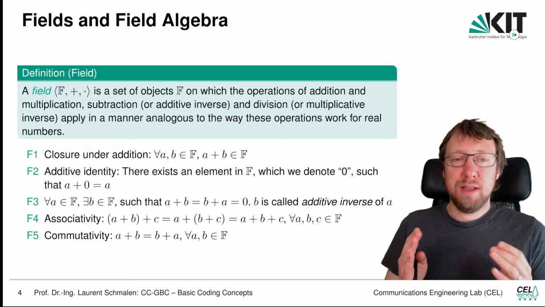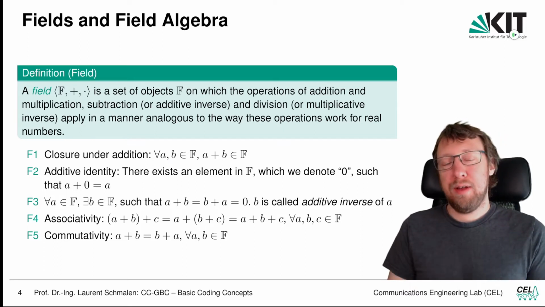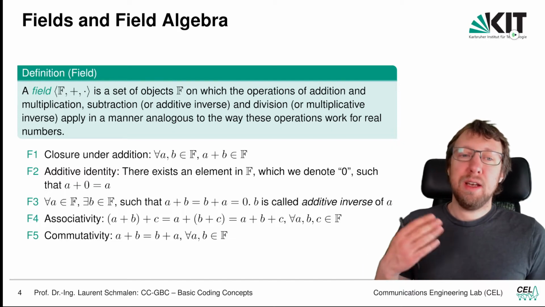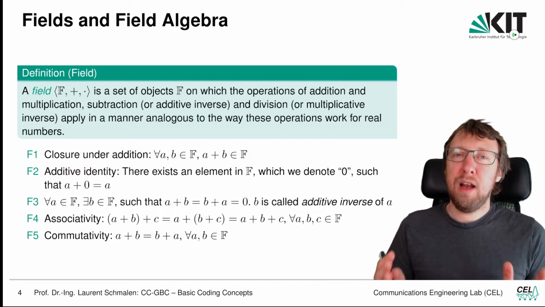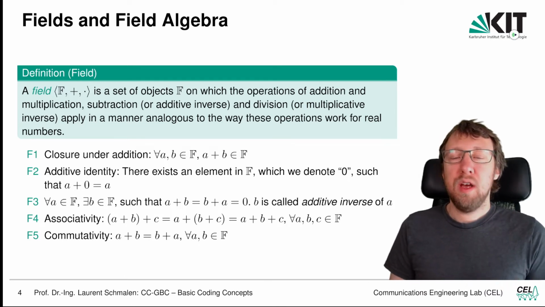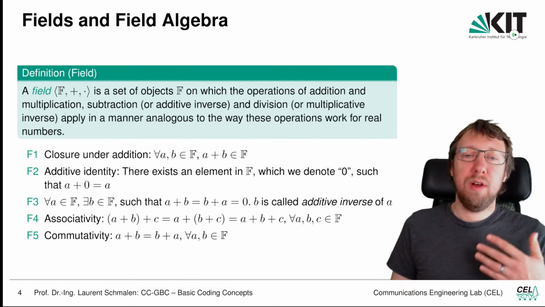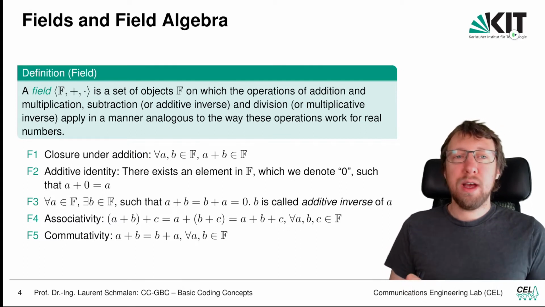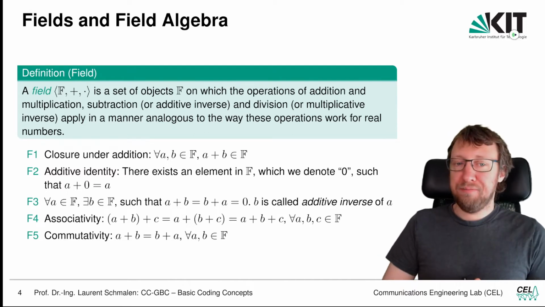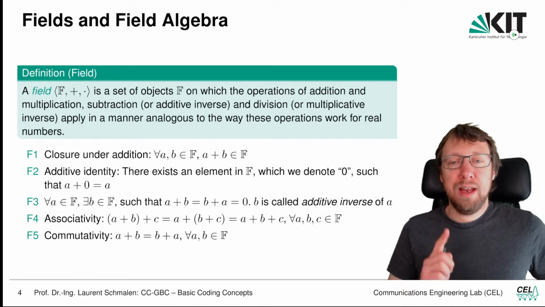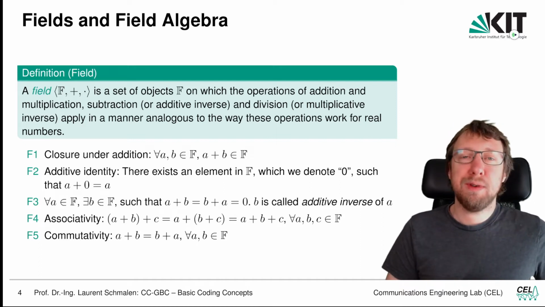So we have the set of objects, we have our operations, and these operations are applied in an analogous manner as we are used to with the real numbers. So all the operations we have learned in high school and in elementary school work in the same way on a field. Formally, this means that a total number of 11 properties must be fulfilled.